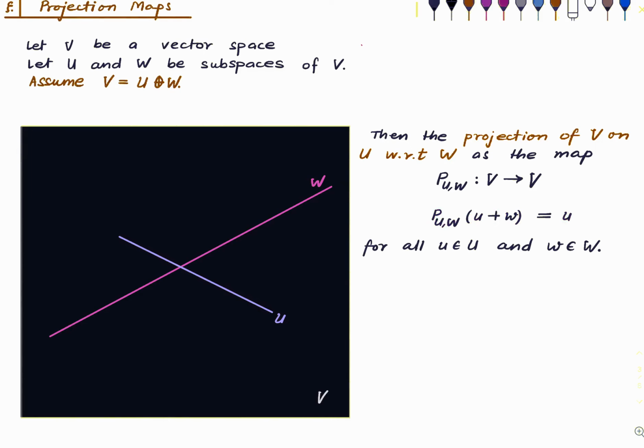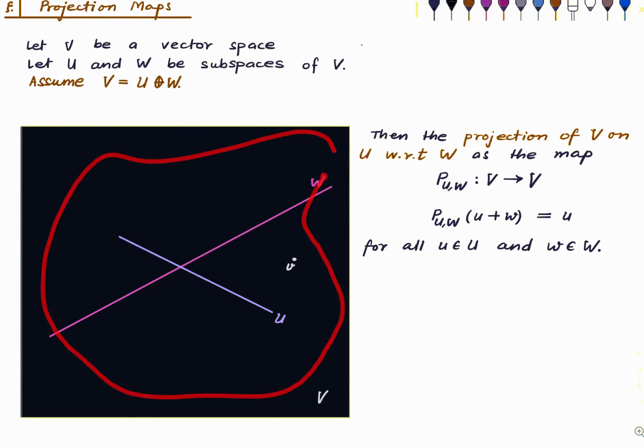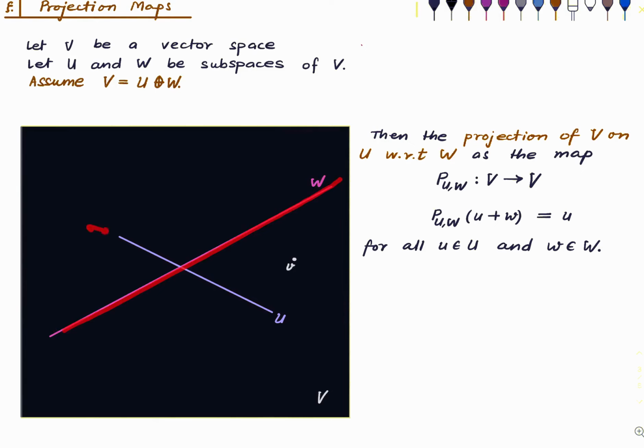Pictorially, suppose we have a vector little v in the vector space V. So this denotes the vector space V, and this is W, that is U, and V is the direct sum of U and W. Of course, this diagram is a suggestive one. So first what we will do is we will decompose our vector v in two parts.